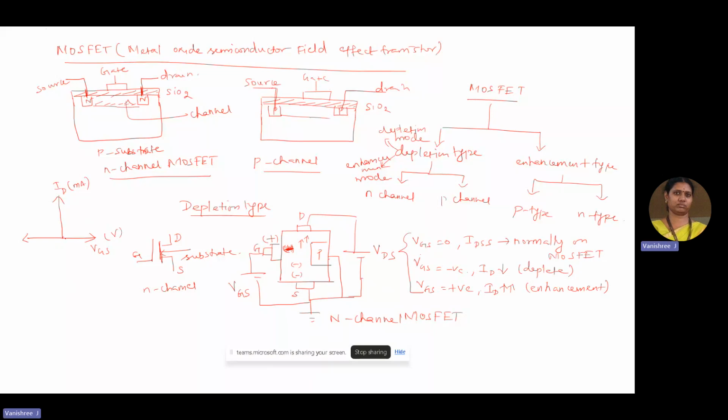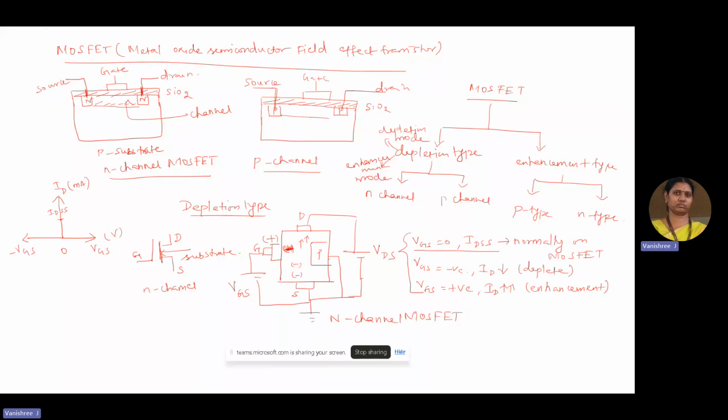Since it is working for all the three values of gate source voltage, we have positive gate voltage, zero gate voltage, and negative gate voltage. As already said, whenever the gate source voltage is zero, the minimal drain source current that exists is IDSS. So this is given by IDSS.